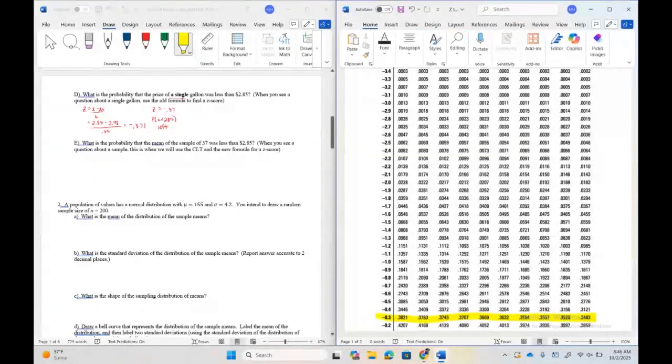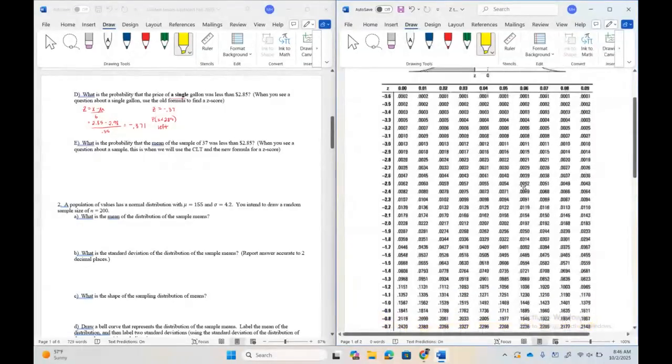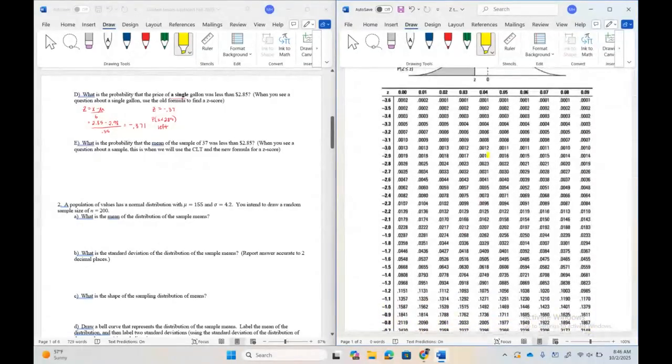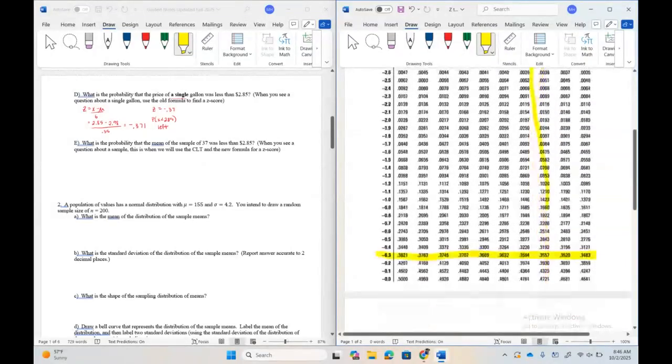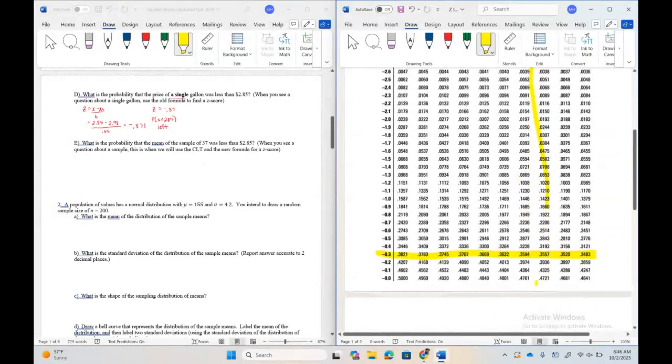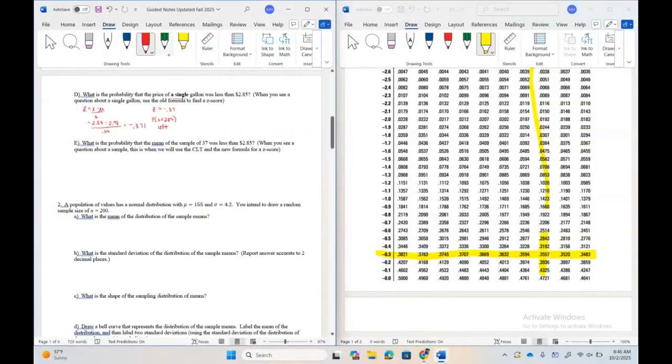All right, let me find my 7 column here. This one. Okay, so it looks like 0.3557 is going to be our answer here.